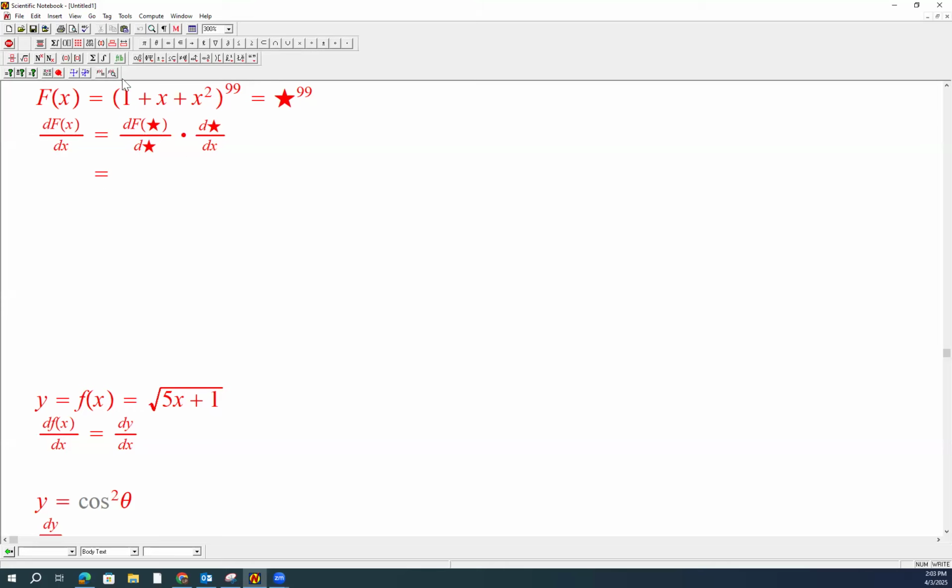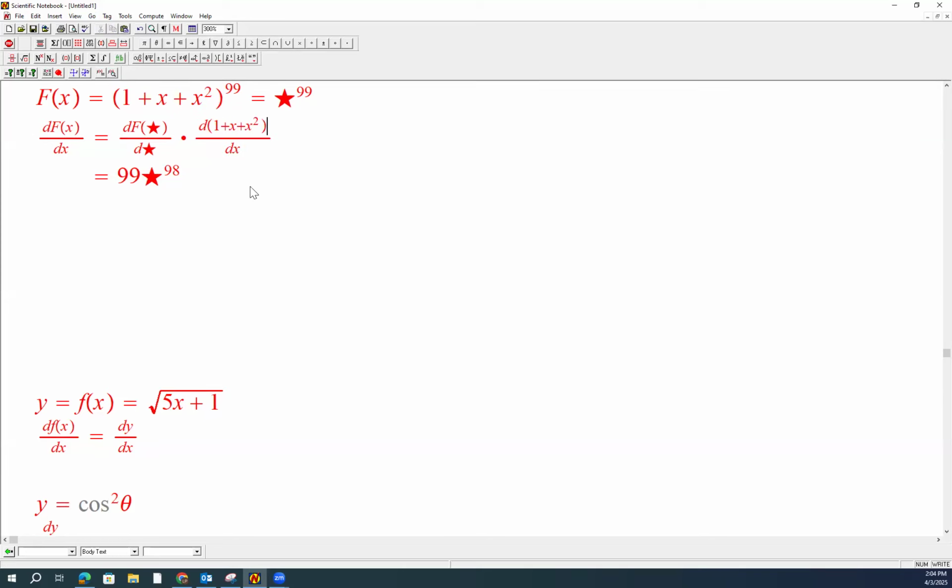We differentiate bologna to the power 99 with respect to bologna, which is going to be 99 bologna to the power 98. And then we differentiate bologna. We know bologna is 1 plus this parenthesis, so we put that parenthesis in place. So we will get 1 plus 2x. And last but not least, we're going to substitute bologna in its original form.